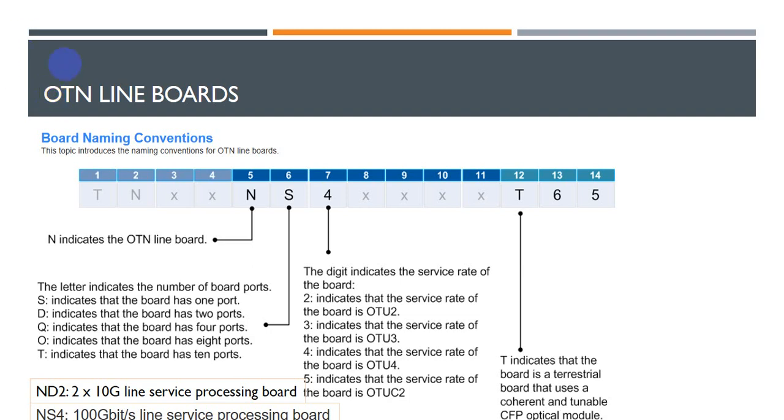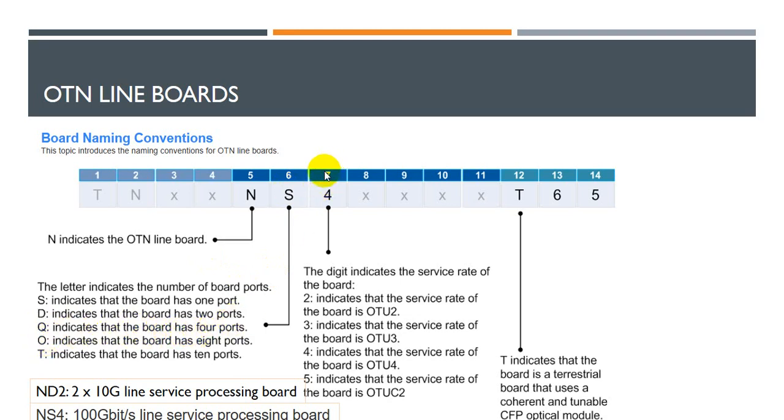The nomenclature for the line boards is different from those OT boards, where there are a few more digits. TN is transport network, and there will be XX, some digits, which are the hardware version. But the main nomenclature that is useful in working starts from this N. N indicates that this is an OTN line board, and the next letter, S, indicates single, but we also have Q type, so NQ, where Q means quarter, so 4.